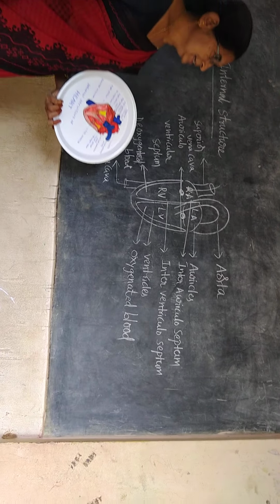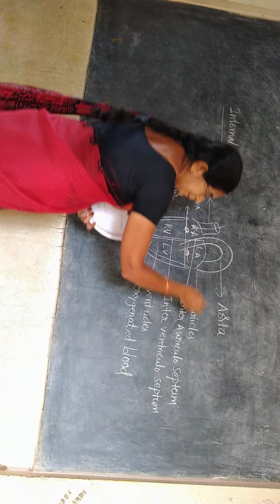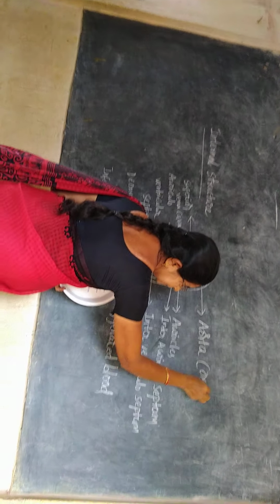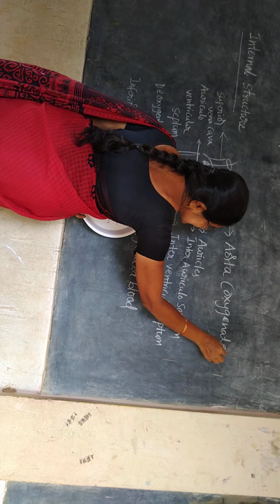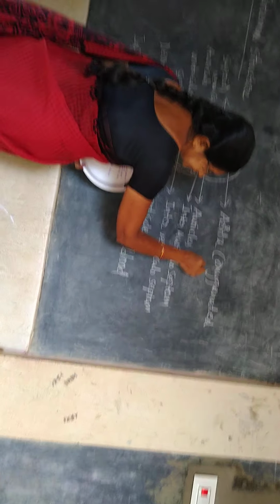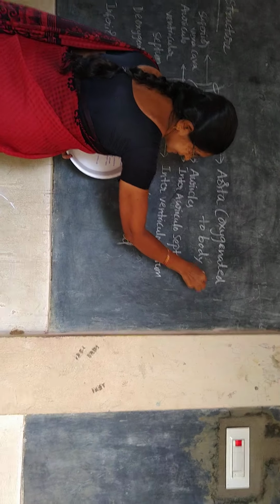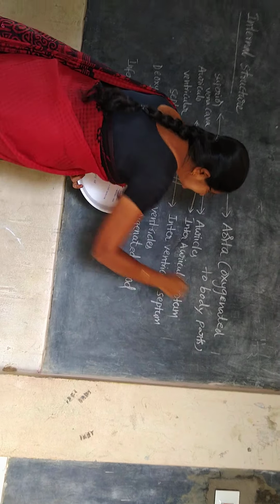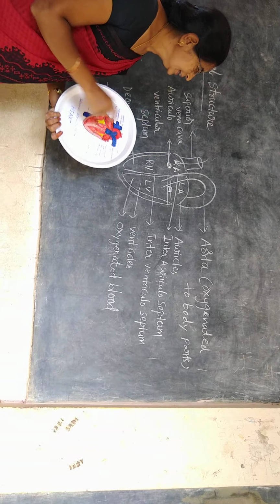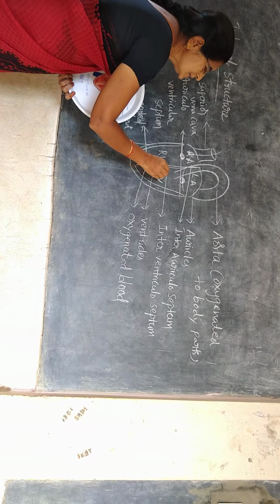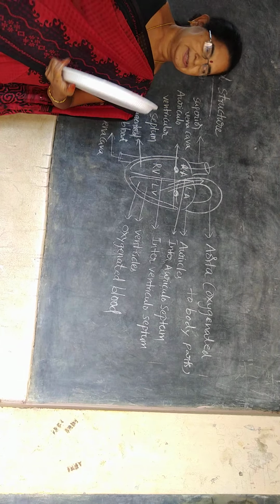We have already discussed that the aorta is a systemic artery. It is the biggest artery, arising from the left ventricle. It will supply oxygenated blood to all the body parts except the lungs.